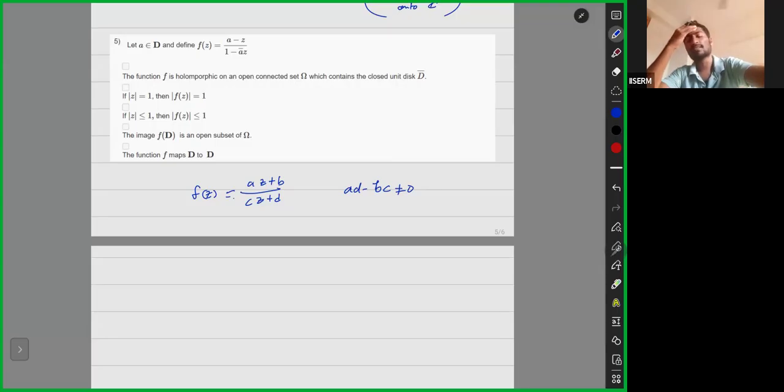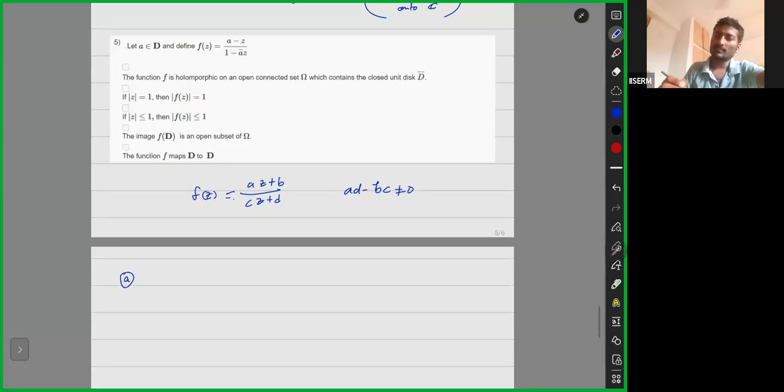First of all, this function is not well defined or not holomorphic when z is equal to minus d upon c, right? Part A. So we are going to see where the problem is.